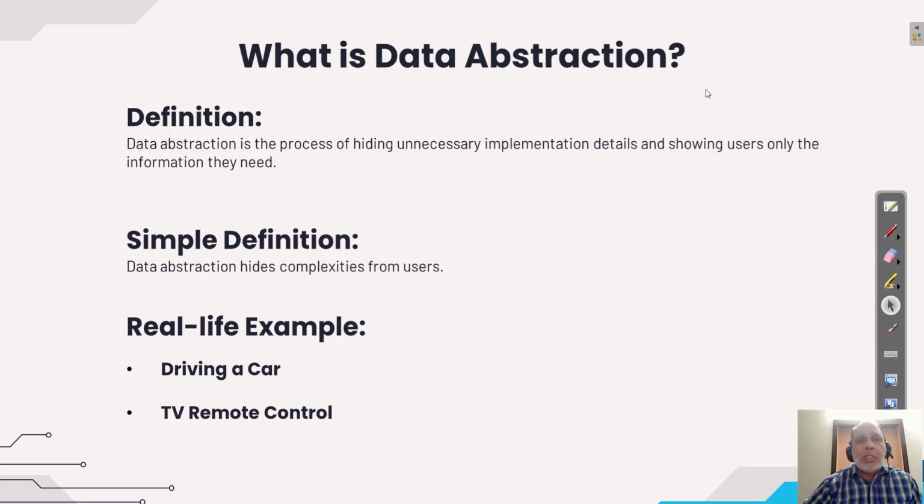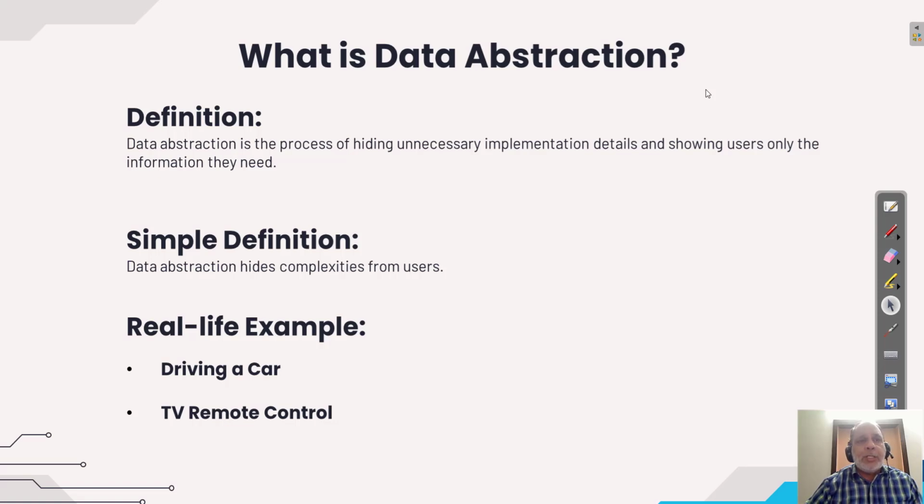So this is a data abstraction example. It hides the unnecessary detail from the user, who is the driver, and only shows a convenient interface. You only need to know how to use the steering, the brake, the accelerator, the clutch, etc.